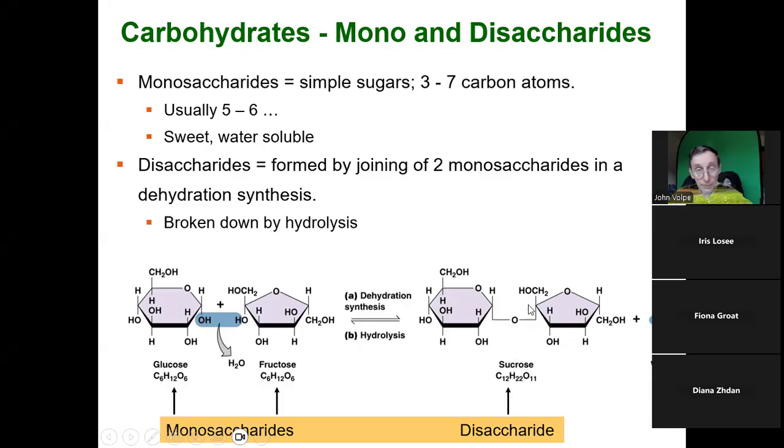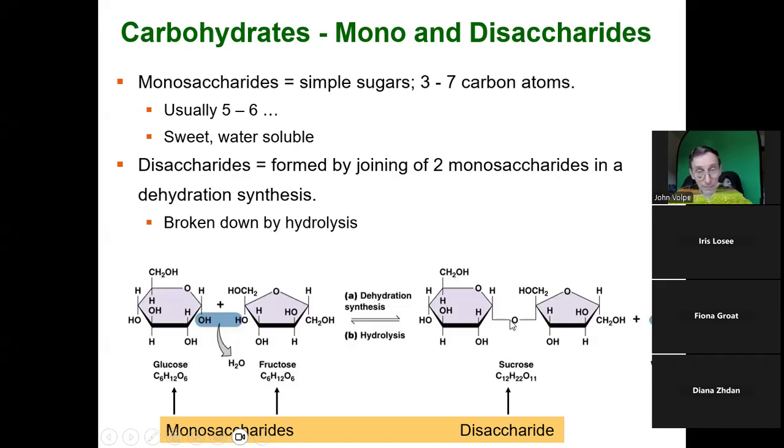And then you can reverse that by adding water, which isn't shown here, but there it is there. And then you can add the water, break this molecule here, the hydrogen joins to the monomer here, which is fructose, and then the OH group joins to the other monomer, the glucose group here.